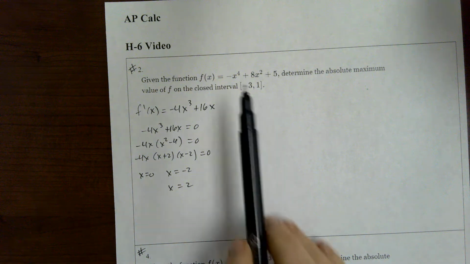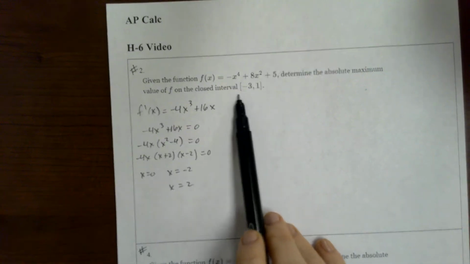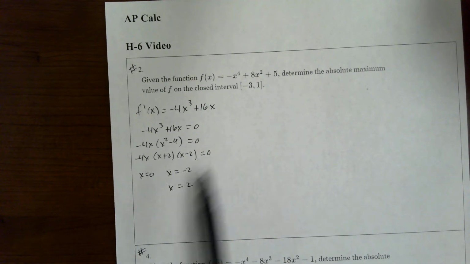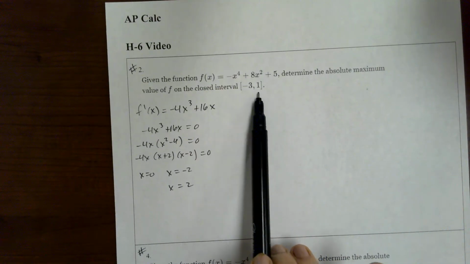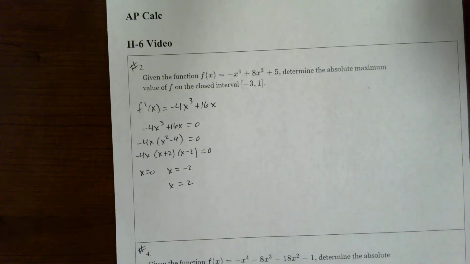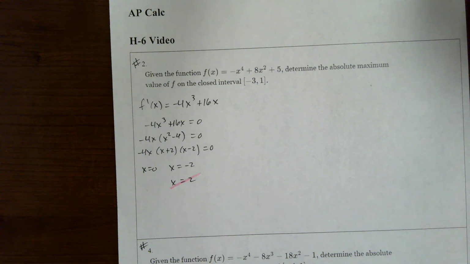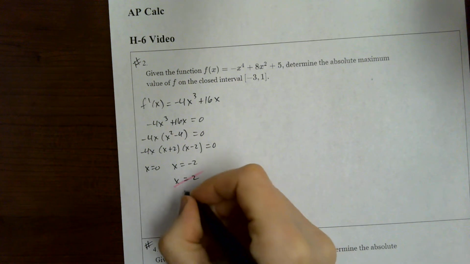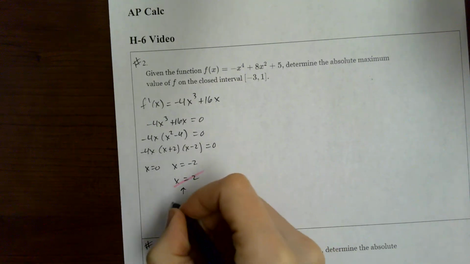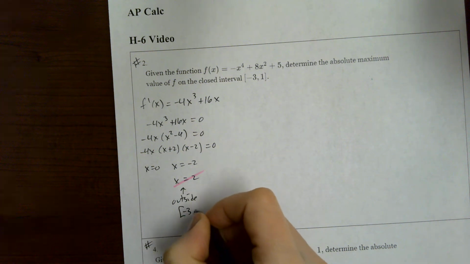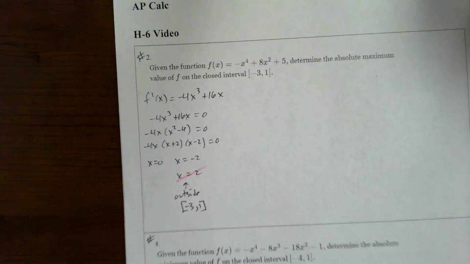All right, now our interval is from negative 3 to 1. So do any of these critical numbers fall outside of this interval? Yes, 2. So that is not a candidate. Outside of negative 3, 1. So we cross that out. So we have just completed steps 1 and 2.